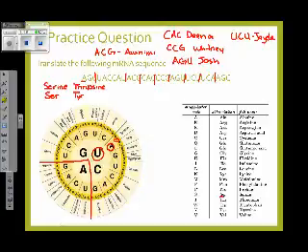Okay, so I've given you all a codon. I want you to figure out what amino acid it is. You'll need your page.